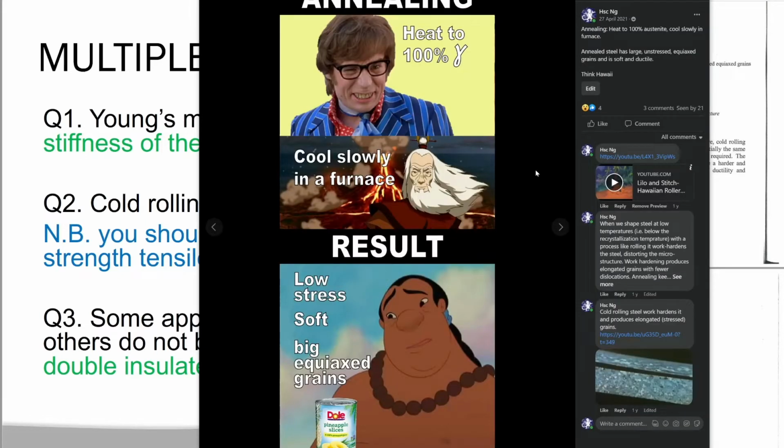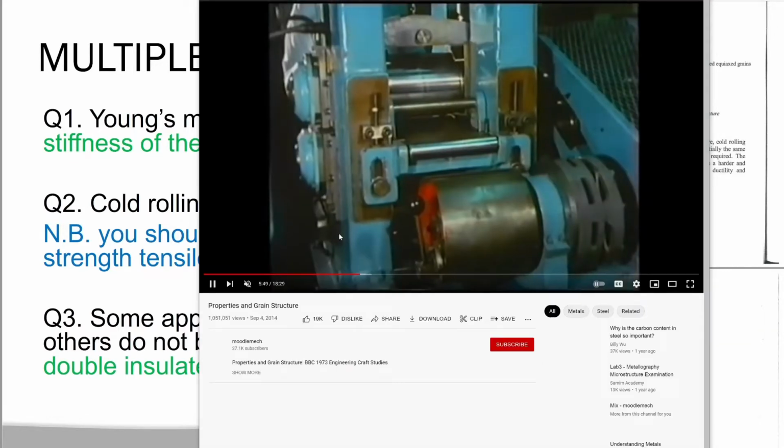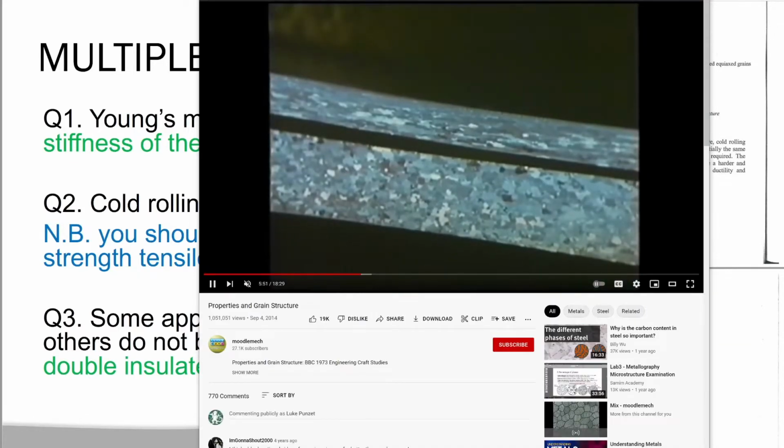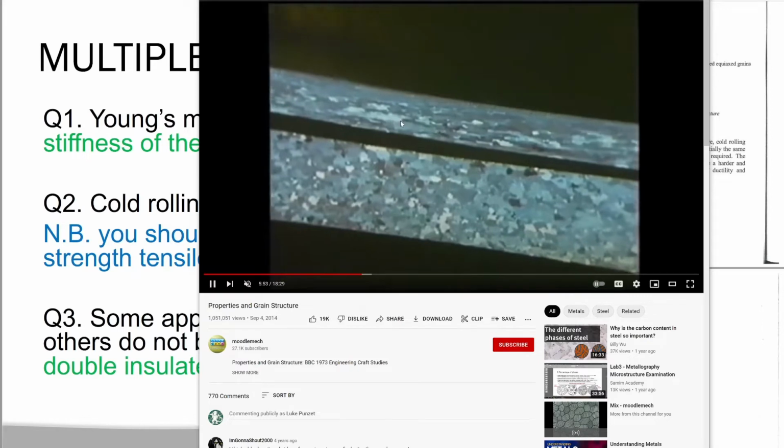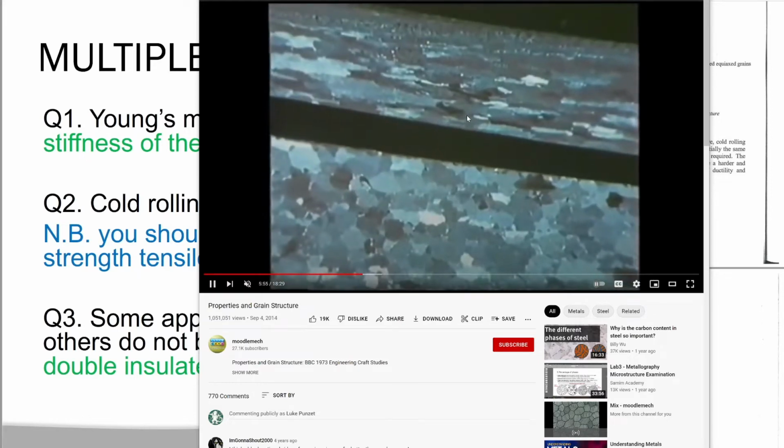Okay, so when we talk about annealing, we talk about work hardening. When we cold roll steel, it hardens it and produces elongated or stressed grains. If we look at this video, we use this video all the time, properties and structure of grains. We can see that if we roll the steel, we get elongated grains.